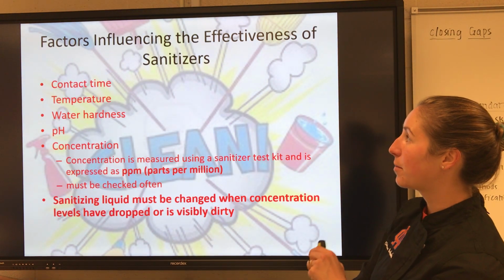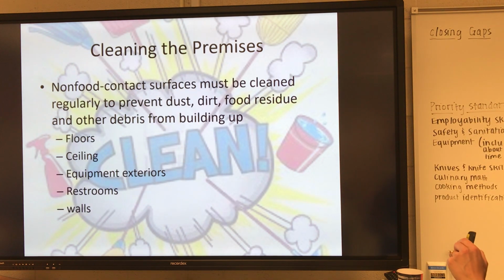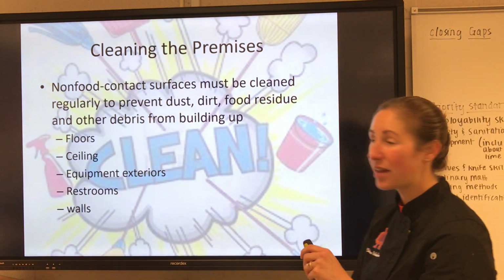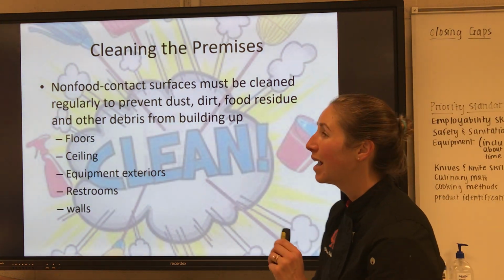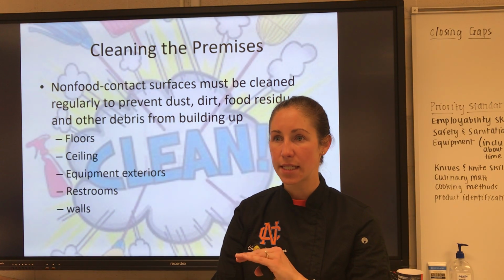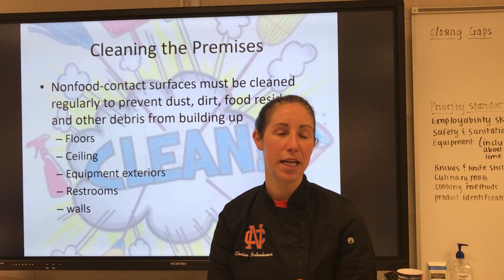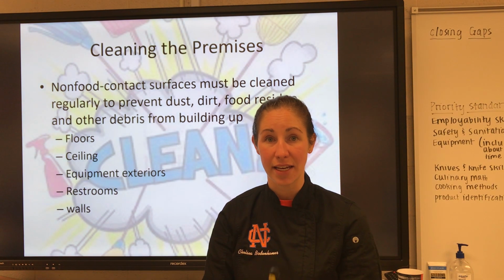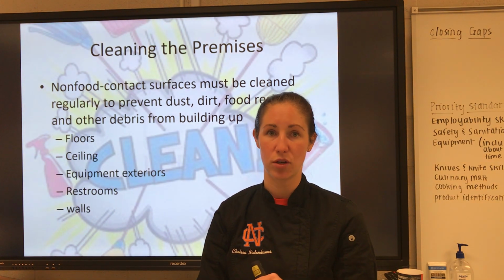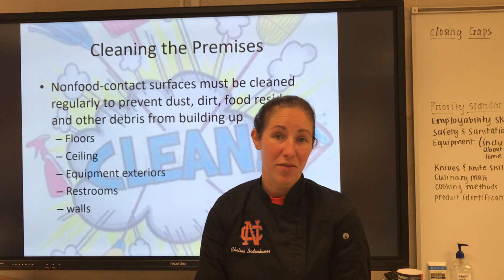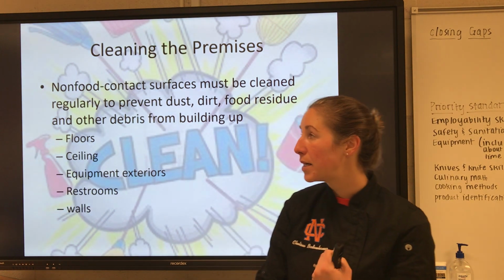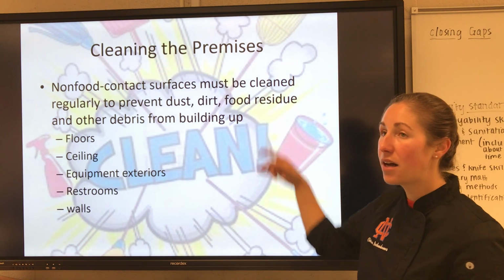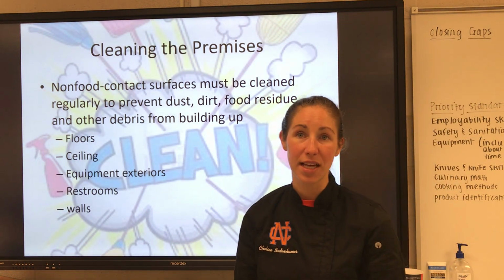I'm going to skip through chemical sanitizers and all of that because we will look at that a little bit more in Culinary 1. Now, cleaning the premises, just like we had to clean dishes, we need to clean other things as well. I pride myself on a clean kitchen. We are cleaner than most restaurants because we have to be, okay? I'm a teaching kitchen. Any non-contact food surfaces, we just have to visually clean them.